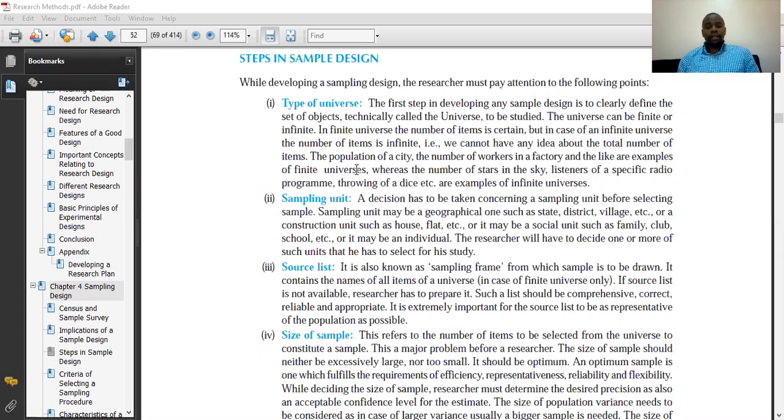More than 100, and some are very far. So you may want to pick one. That particular geographical school or campus that you pick, where you'll decide you're going to pick your samples, is what is called the sampling unit.